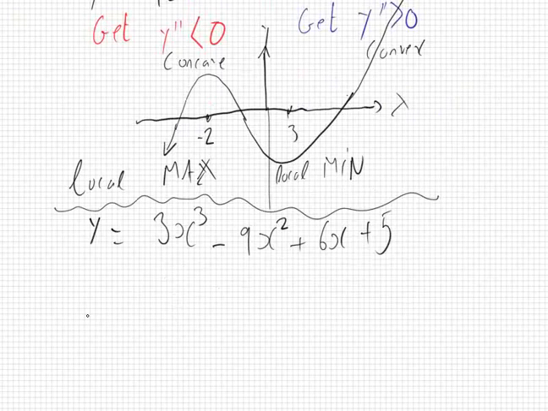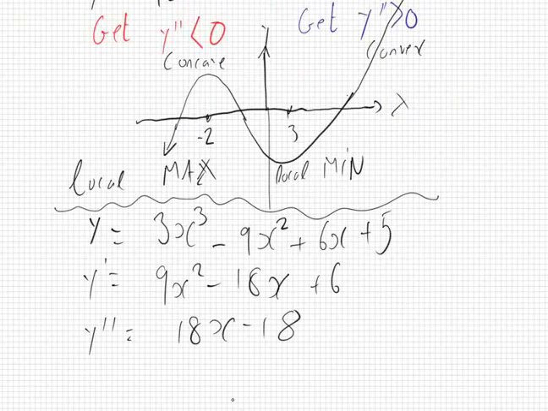Derivative. So the first derivative would be 9x squared minus 18x plus 6, and my second derivative will be 18x minus 18. Now, if I wanted it to be concave, do I want my second derivative to be positive or negative? I want it to be negative.